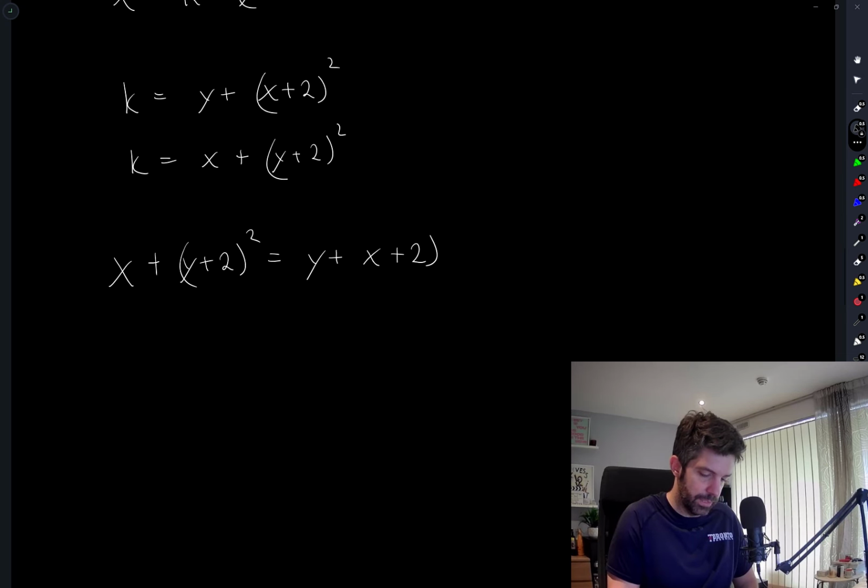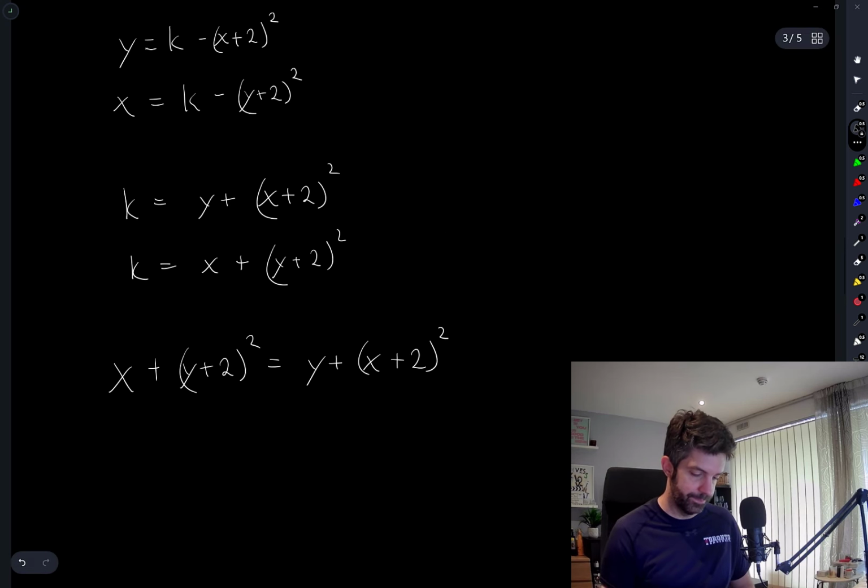This doesn't look like it's going to be nice and easy to solve, right? No, so this is saying for a fixed value of k, it's telling us the points of intersection. That's not really going to work.